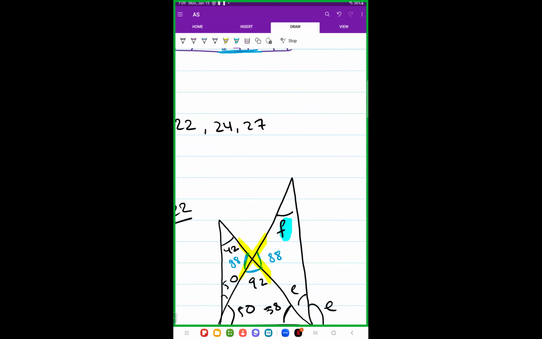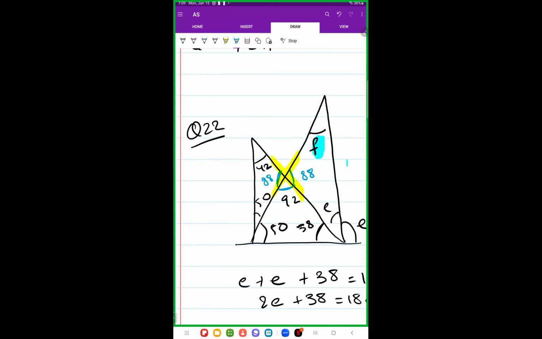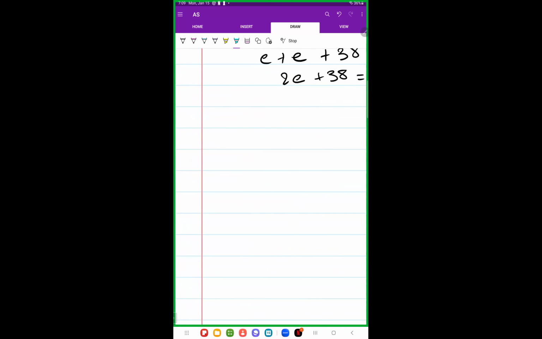All right, so this is 22. Let's look at 24. You were able to do 23? Yes. Okay, great. Let's do 24. 24 says in a triangle ABC, A is a right angle, D is a point on AC.